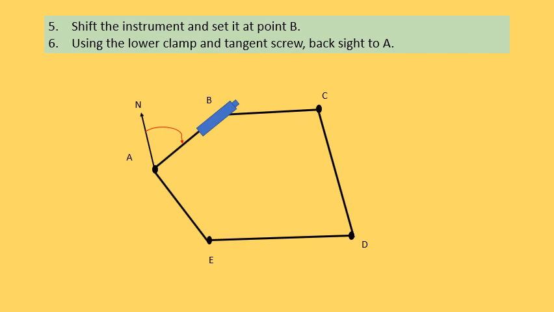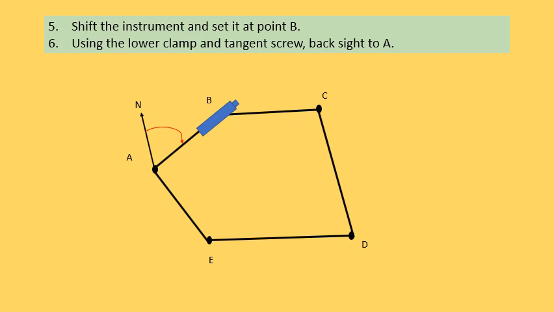Set it up at P, with the vernier screw remaining the same, and I have unclamped the lower screw and sighted to the point A. So I have backsighted to point A. Now here we don't have the option to transit the theodolite because it is a non-transitable instrument. So in order to sight to C, we have to rotate in the horizontal plane only.